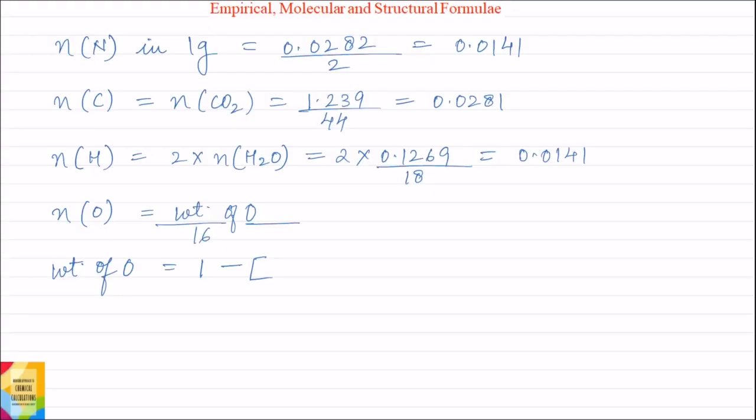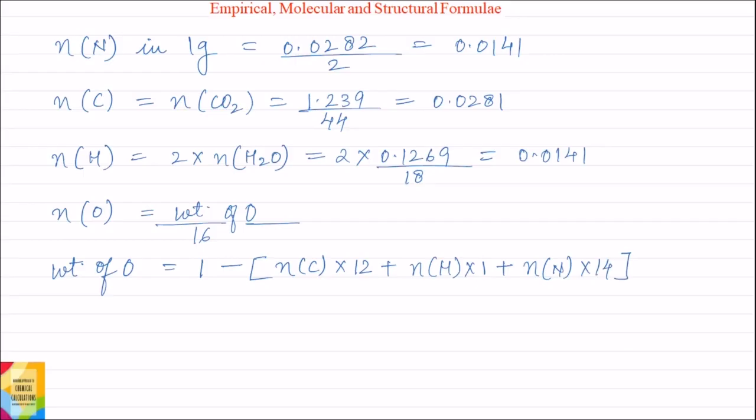Weight of carbon is moles of carbon into atomic weight of carbon, which is 12, plus weight of hydrogen. Weight of hydrogen will be moles of hydrogen into atomic weight of hydrogen, which is 1, plus weight of nitrogen, which is equal to moles of nitrogen into atomic weight of nitrogen, which is 14.